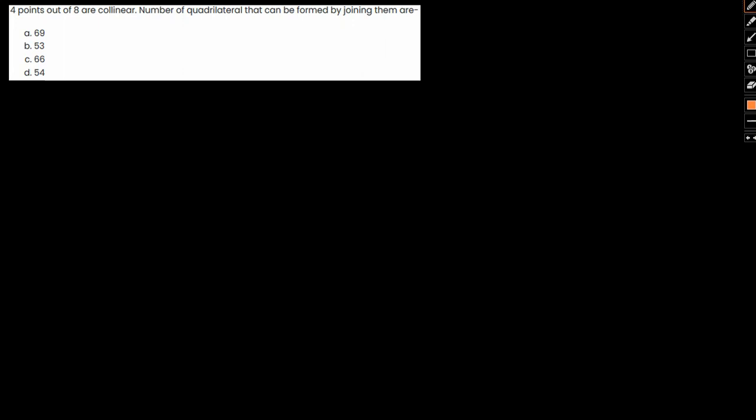The question here involves concepts of geometry and permutation and combination. Okay, 4 points out of 8 are collinear. The number of quadrilaterals that can be formed by joining them are, okay, so we have 8 points. So say this is 1 point, we have 4 collinear points.